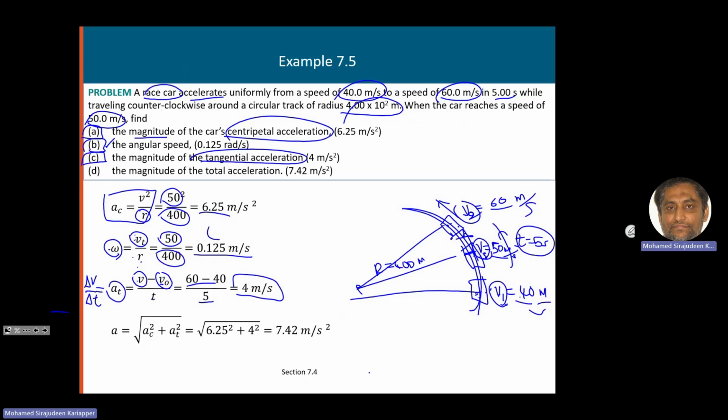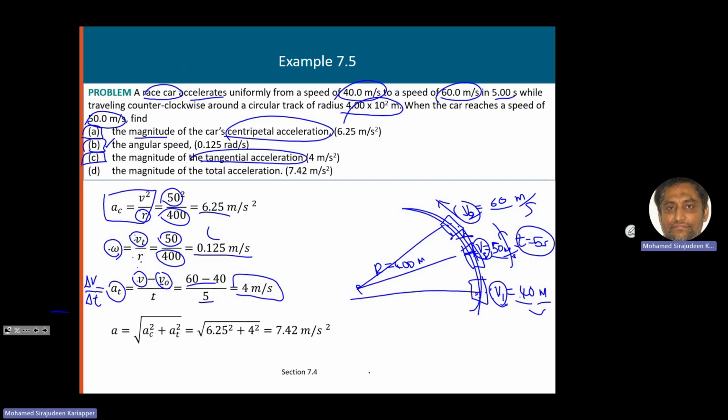And we will take that average acceleration to be the acceleration at the midpoint. Okay. It's not very accurate, but from whatever information we have, that's the only thing we can do. We just find the average acceleration and then we equate it to the acceleration at the midpoint.